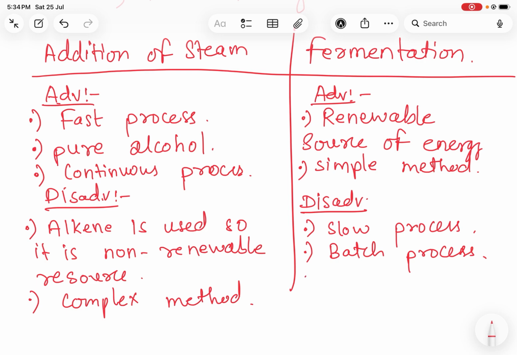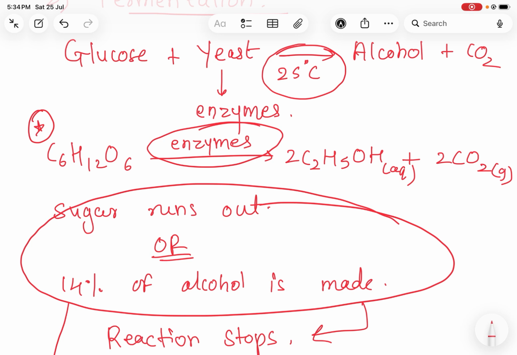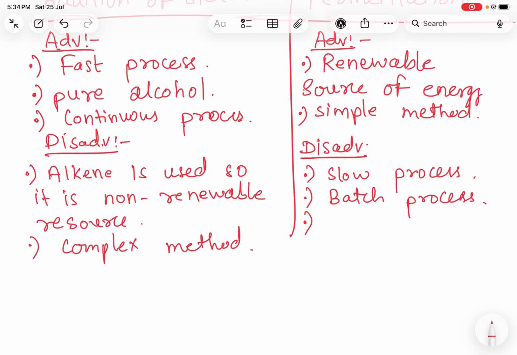Also, in case of fermentation, the disadvantage is that we are using glucose and yeast. Once the yeast die, we have to separate alcohol and yeast from each other. So we would say that we will not get pure alcohol.